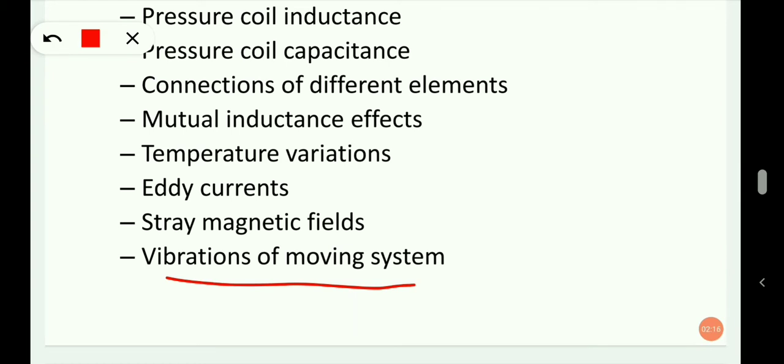The factors causing errors in electrodynamometer wattmeters we will see one by one along with the method to compensate these errors.